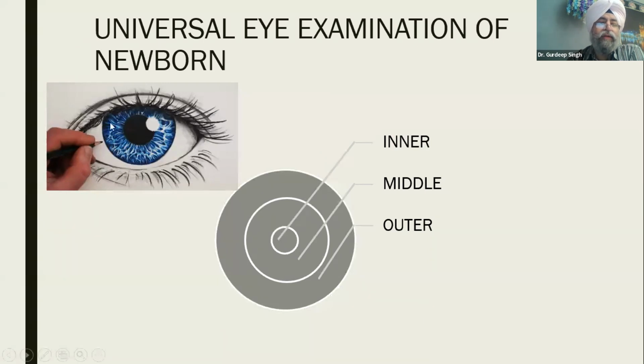Second is the limbal circle, the limbus around the cornea. And third is just the pupillary area. It makes things very easy for us to understand, and we try not to miss anything if we look in a systematic way.